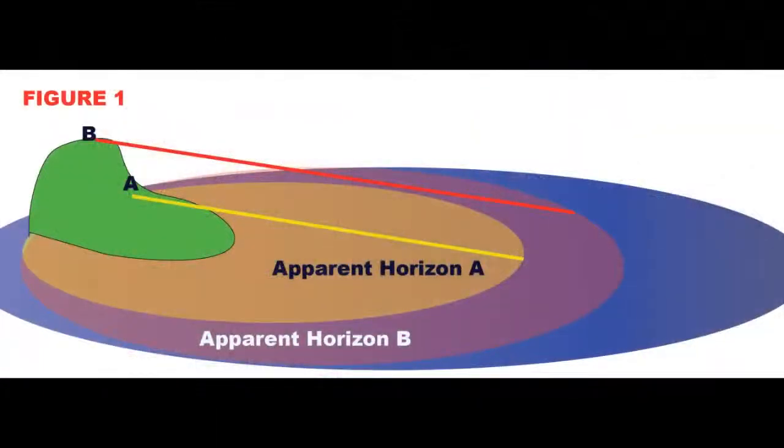When gathering the figures for distances, you must subtract the distance to the apparent horizon from the total distance based on the altitude of the observer. So just to quickly illustrate this, see figure 1. Okay, so you can see the point A is represented by the yellow line of sight, and the yellow area is the apparent horizon for point of view A, while the red line and the red area represents the apparent horizon for point of view B. So as you can see, the apparent horizon is affected by altitude, and anything beyond that horizon point should begin to drop 8 inches per mile squared.